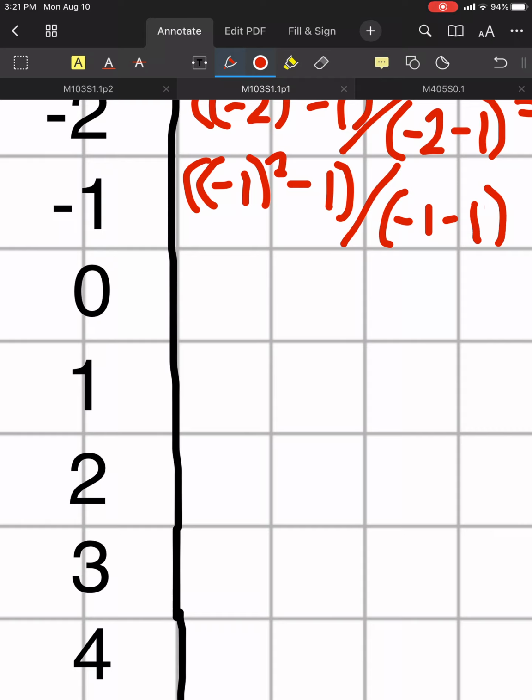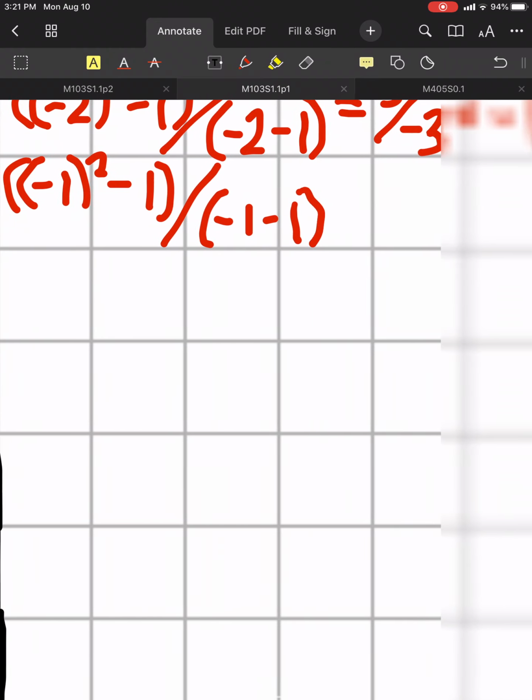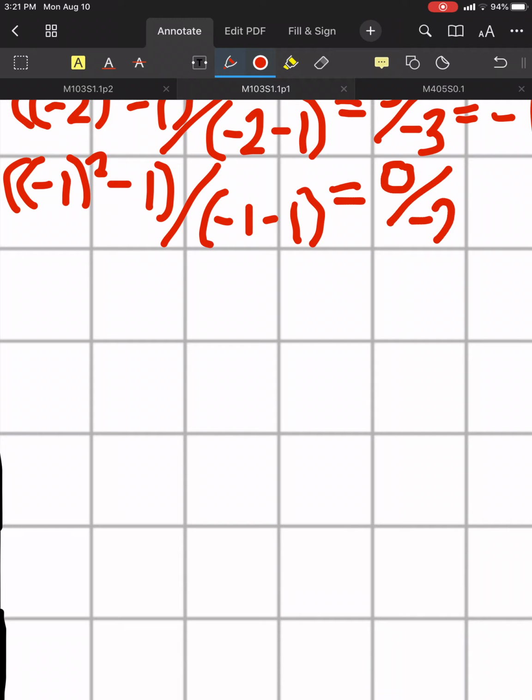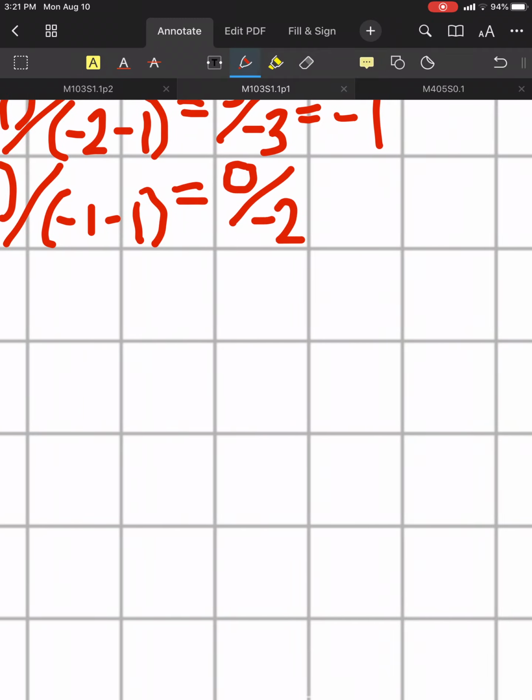And if we work that one out, we should see on top we get -1 squared is 1, minus 1 is 0, over -2, and 0 over -2 gives us 0 for this value. Again, the same y value we got before.